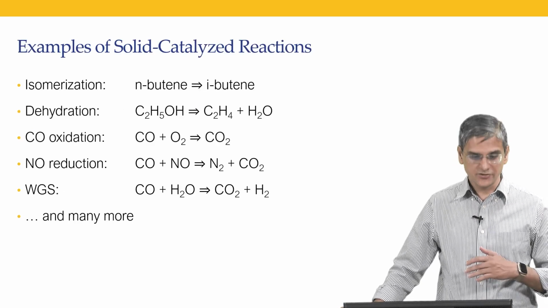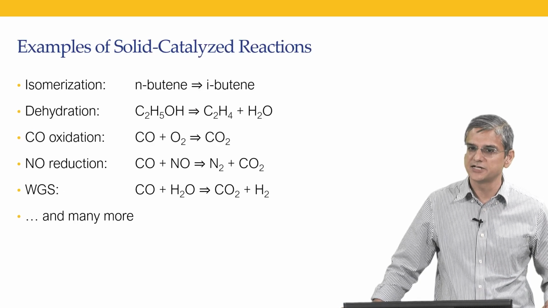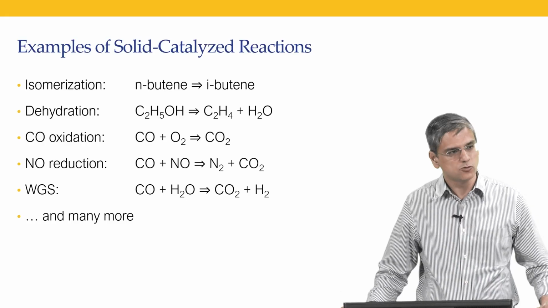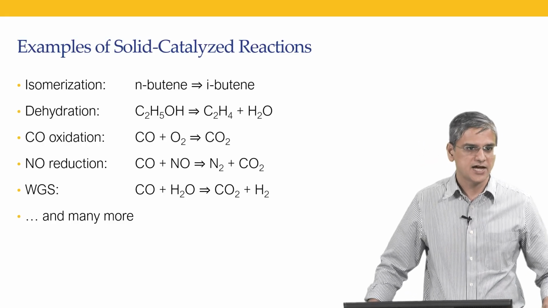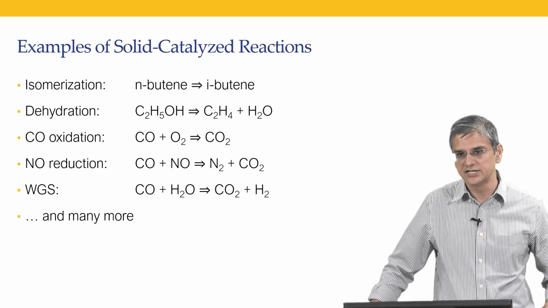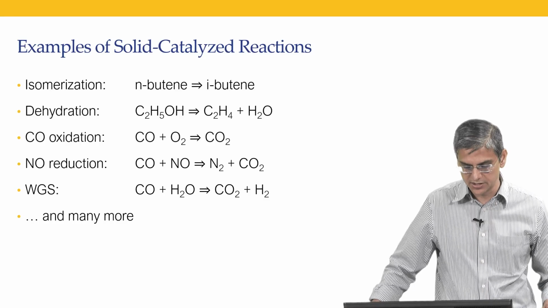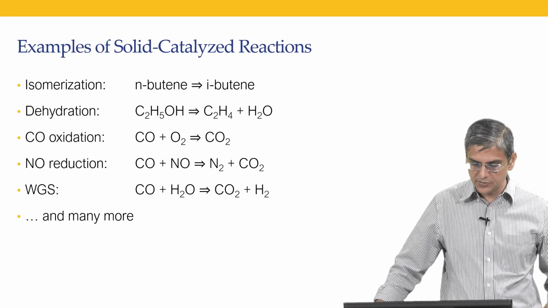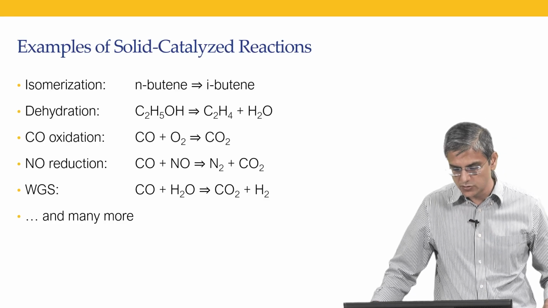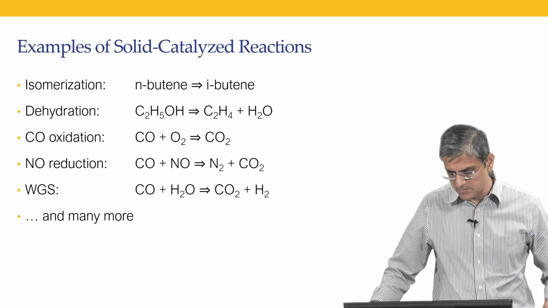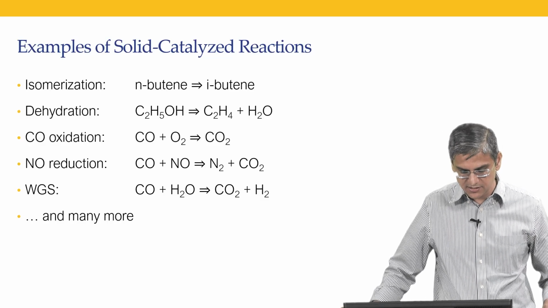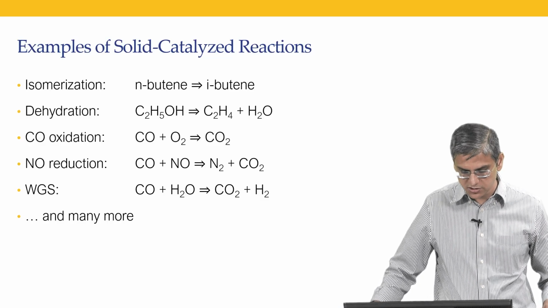Okay. So, there are several examples of solid catalyzed reactions. It is one of the most common types of reactions in the chemical industry, especially the petrochemical industry. Some of the examples are isomerization of n-butane to i-butene, acid or base catalyzed dehydration of alcohols.